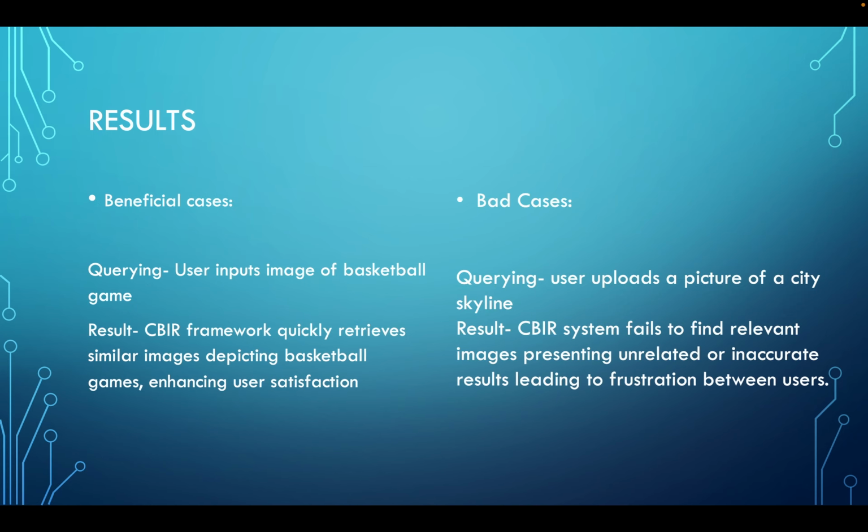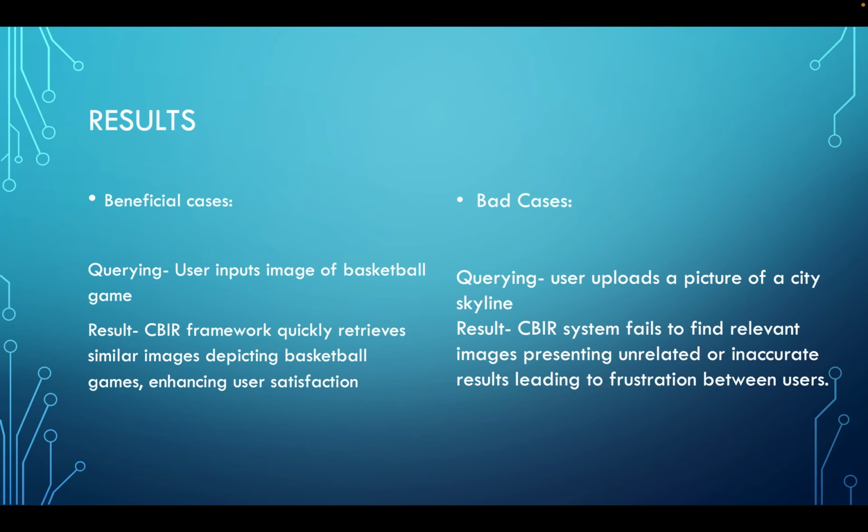Here are two really good examples of good and bad use cases. A user could input a picture of Michael Jordan playing basketball, and he'll get back 1,000 pictures of somebody in a Bulls jersey wearing number 23 that looks like Michael Jordan.